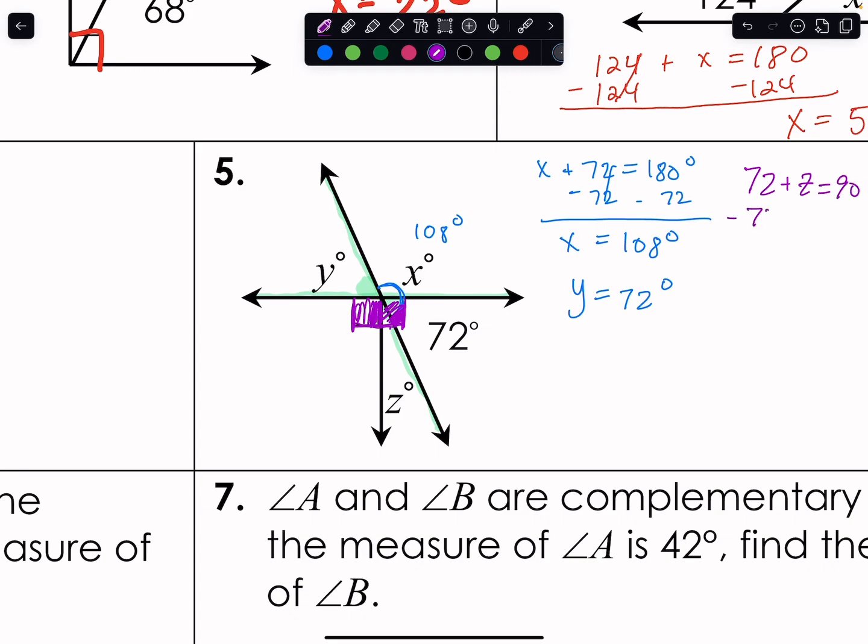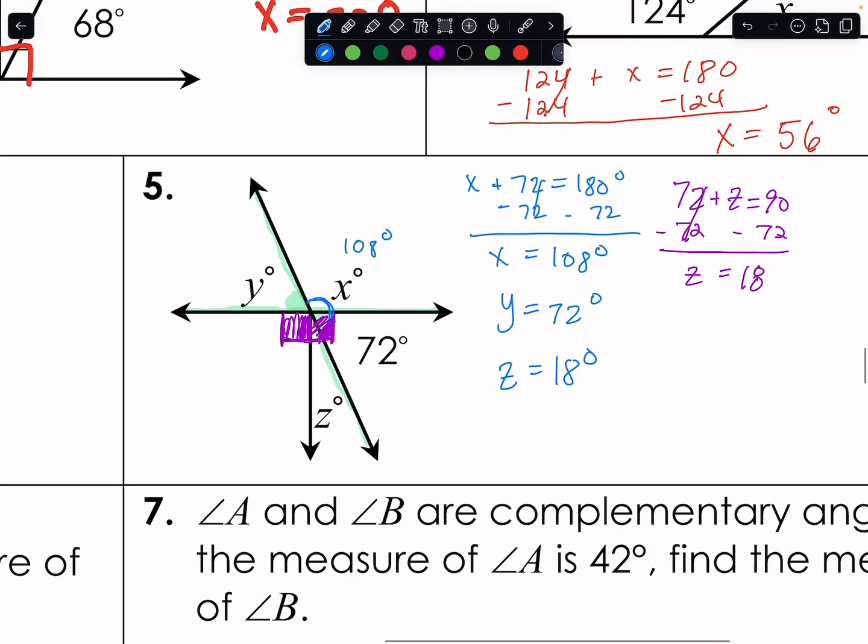If I subtract 72 from both sides, you get that z is going to be equal to 18. So if I put on my answers, z is equal to 18 degrees.